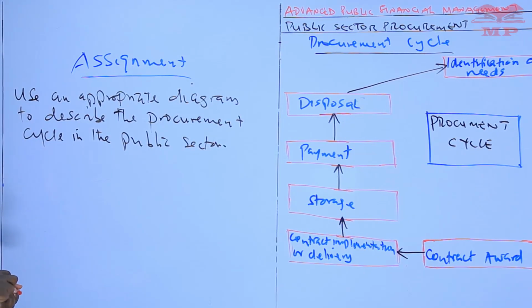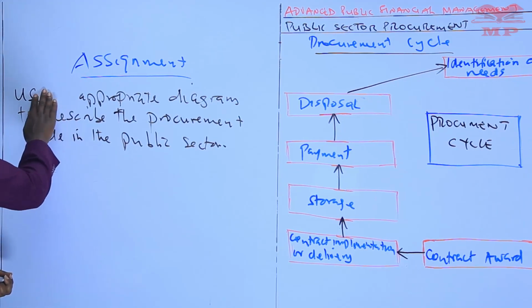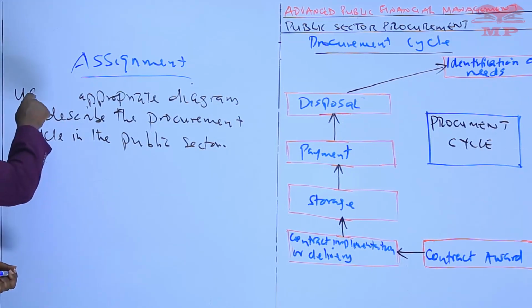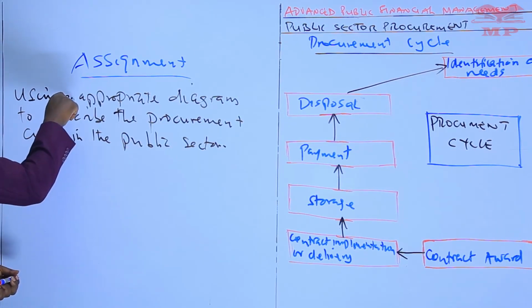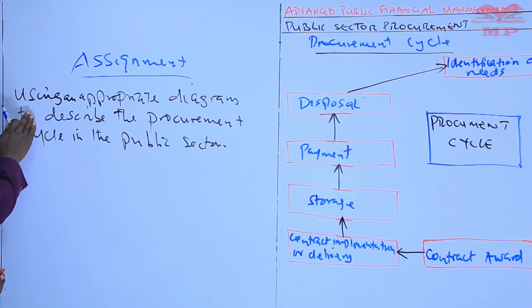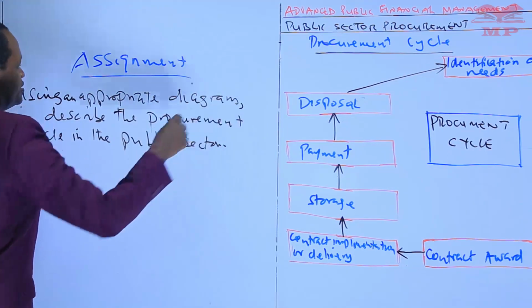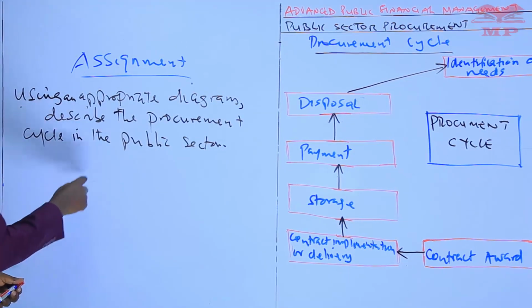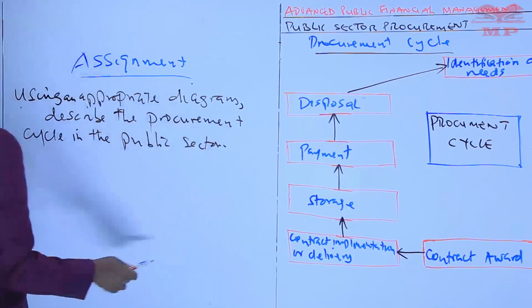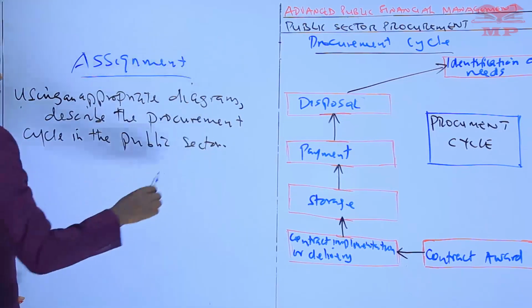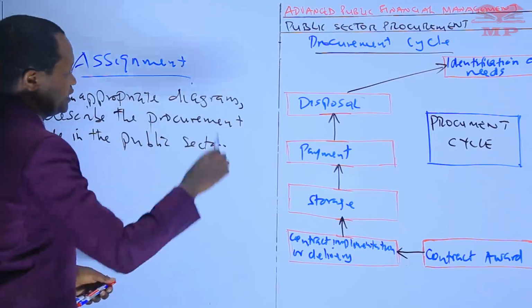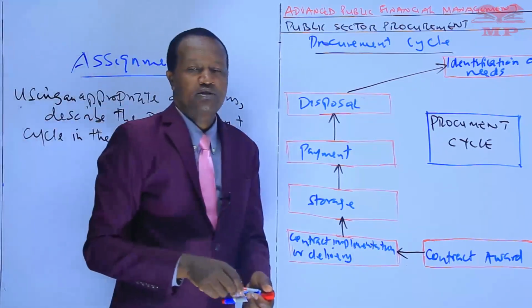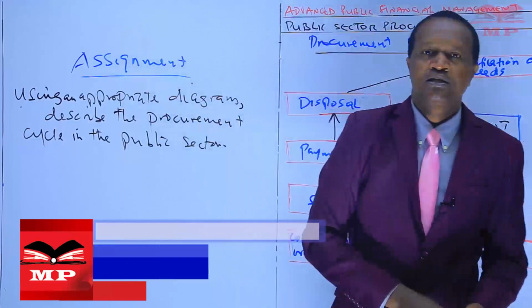Using an appropriate diagram, describe the procurement cycle in the public sector. That is your today's assignment.